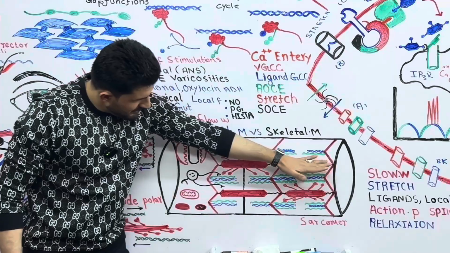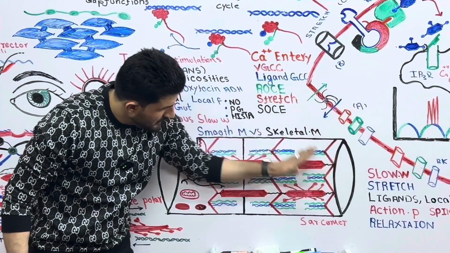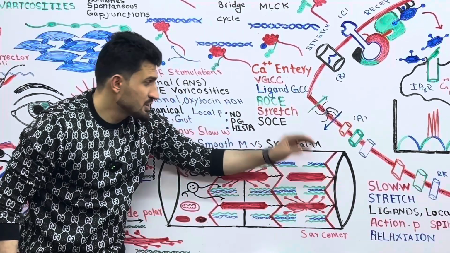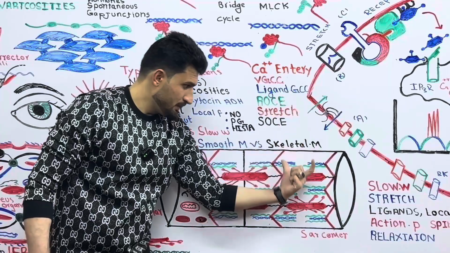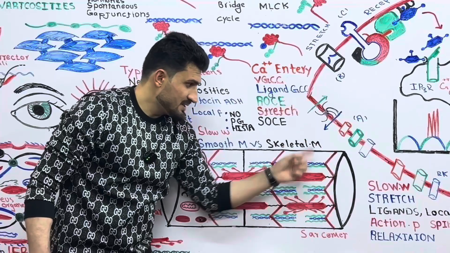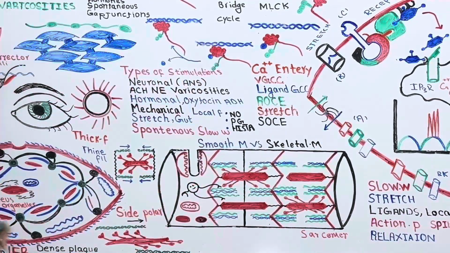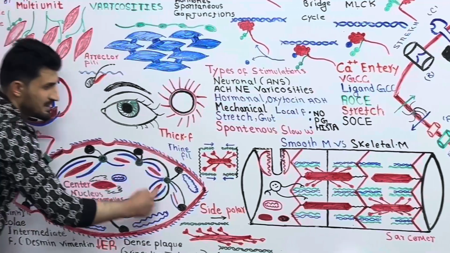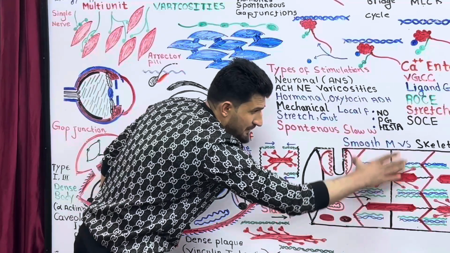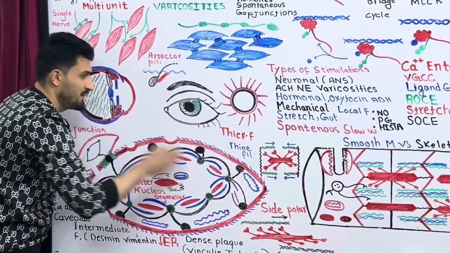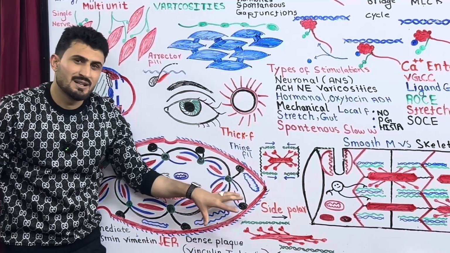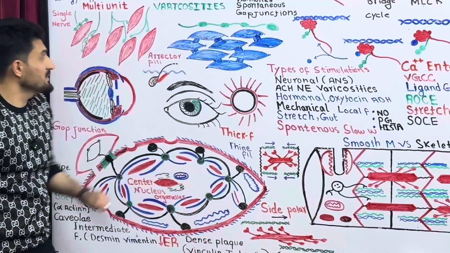Because of this regular arrangement of thick and thin filaments, they look striated under the microscope, producing different patterns. That's why skeletal muscle is called striated muscle. But in smooth muscles we don't have Z lines, we don't have sarcomeres, and we don't have this type of arrangement of thick and thin filaments. So they don't look striated, and they're called smooth muscles. We'll talk about it later on.